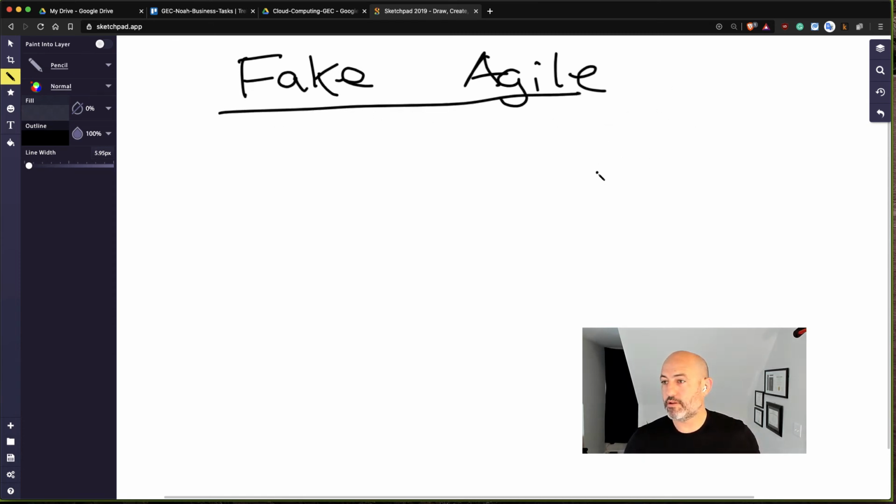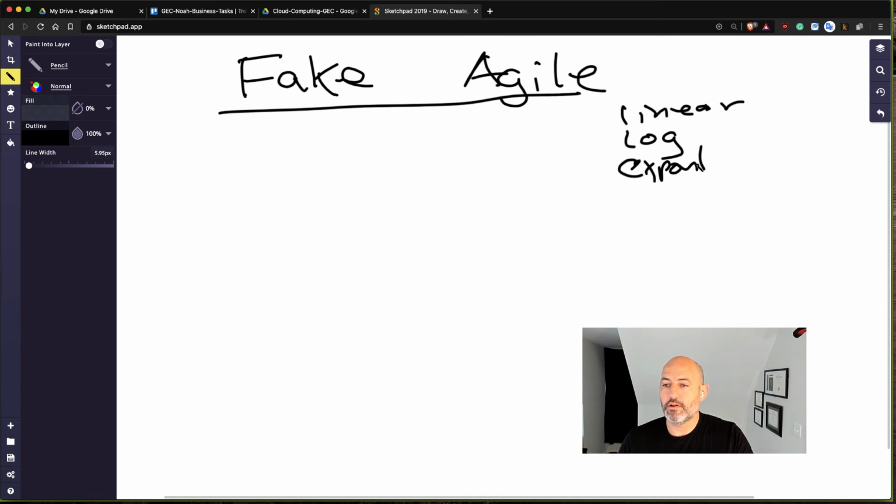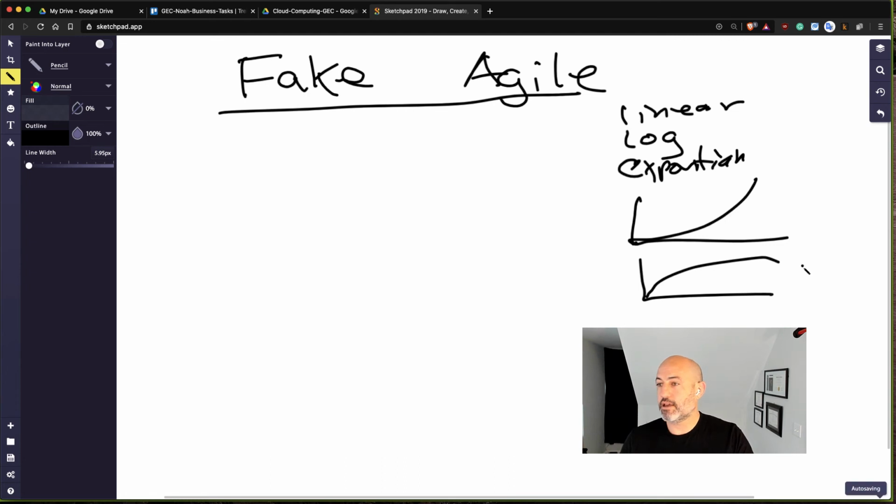Even a lot of politicians don't understand the difference between linear, log, and exponential, and it's very clear that they don't. When you have something that goes up, that's exponential. When you have something logarithmic, that's like a human. A human is logarithmic.